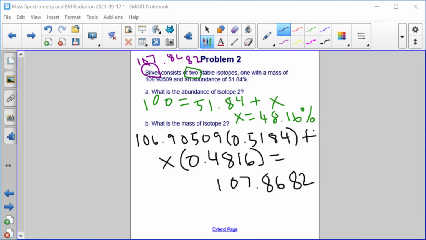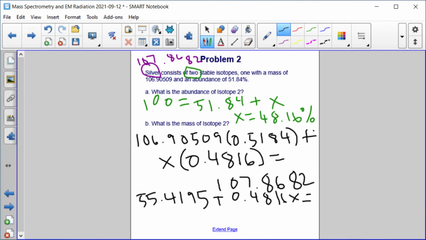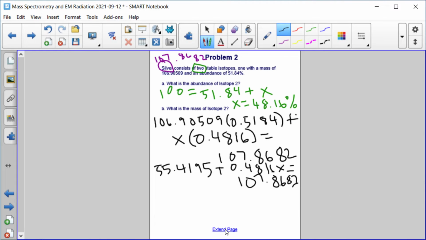Okay, so we just got a little bit of algebra here that we need to do to solve this problem. So when I multiply these first two numbers together, 106.90509 times its percent abundance, I get 55.4195, then plus 0.4816 times X equals 107.8682. And I'm just going to talk you through the next two steps, and then I'll just do them in one step.